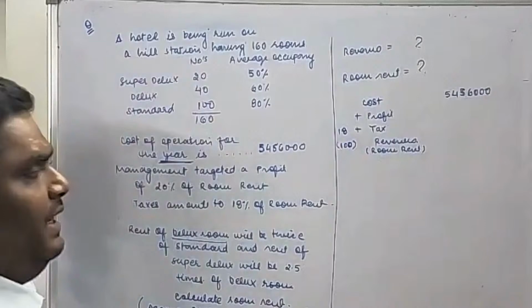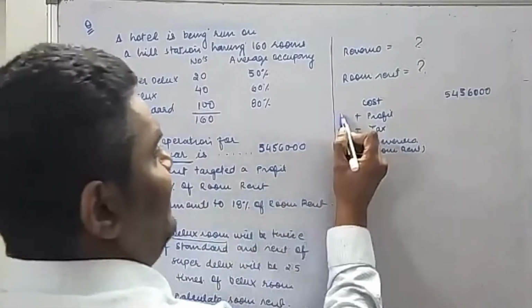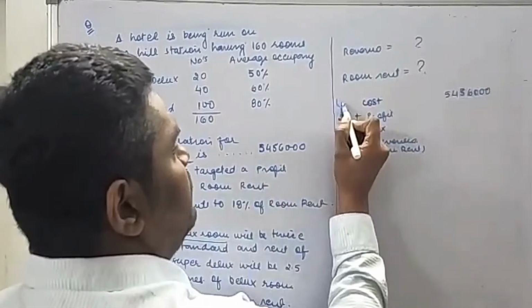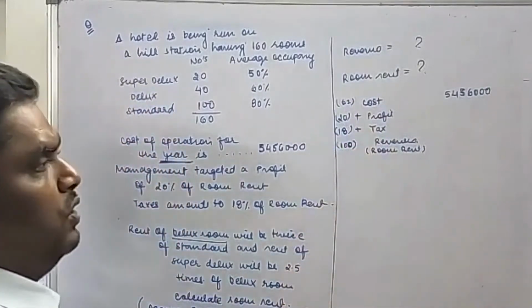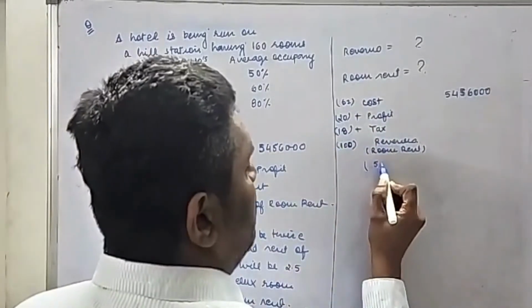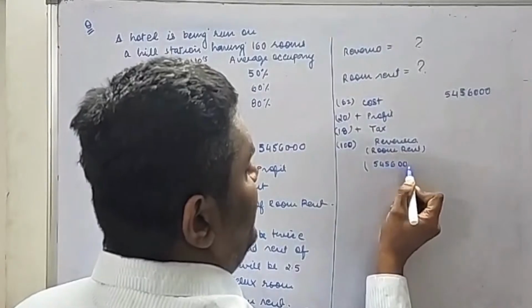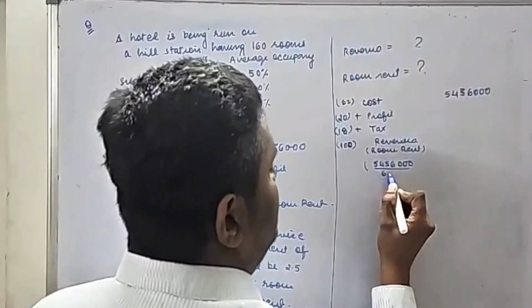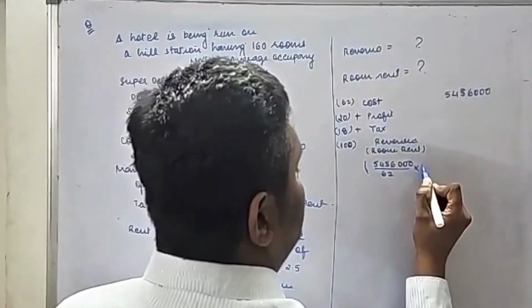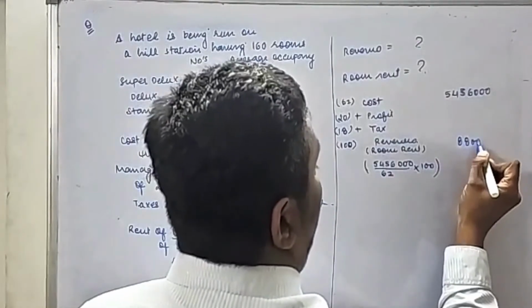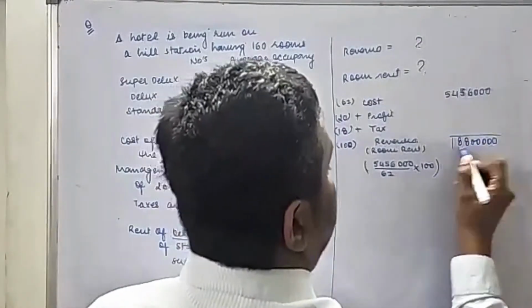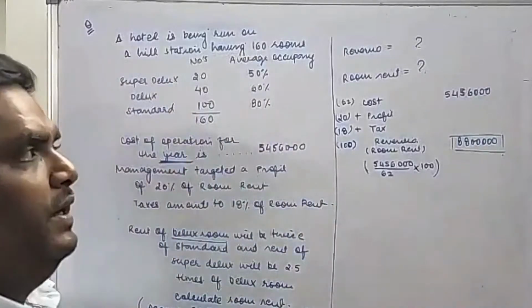So taxes are 18, profit is 20. So the cost will be how much? 62. So this 54 lakh 56,000 is equal to 62. So how much will be 100? 88 lakhs. So this is how the revenue will be calculated.